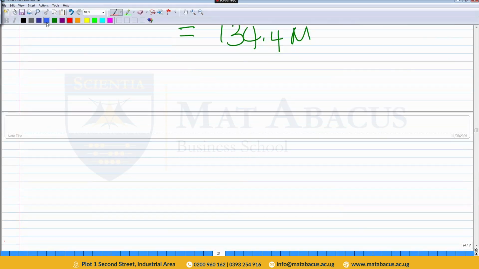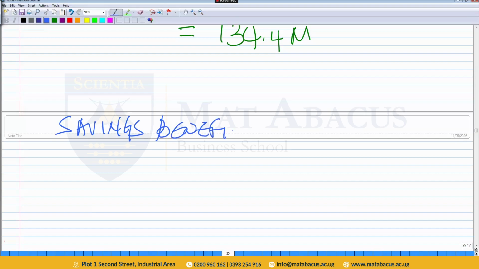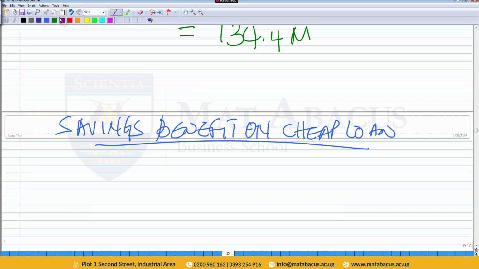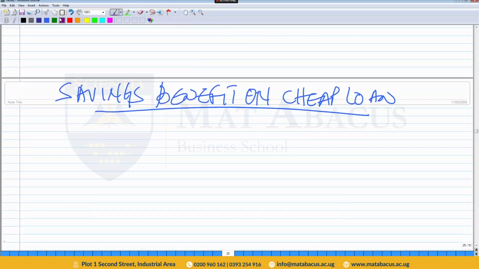You carefully write. It could be savings benefits. Savings benefit on cheap loan. It is always done on a cheap loan. I will show you how the net comes in.